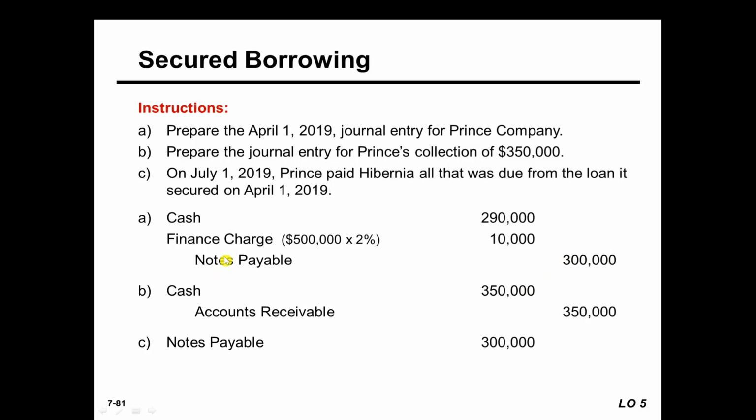So the balance of notes payable becomes 0, and the interest expense is also paid, 10% times 300,000 times 3 months per 12 months. So it equals 7,500, and cash paid is credited as much as 307,500 dollars.